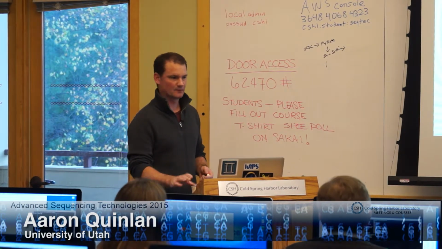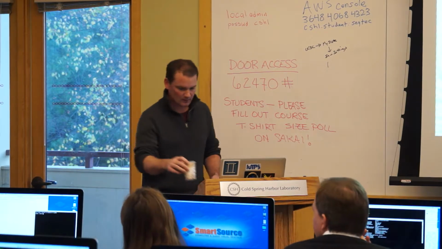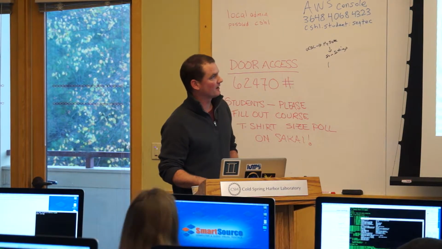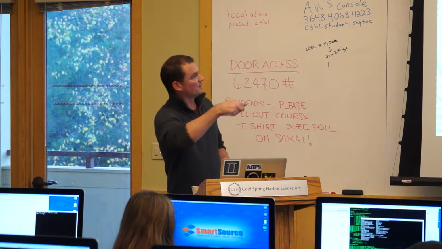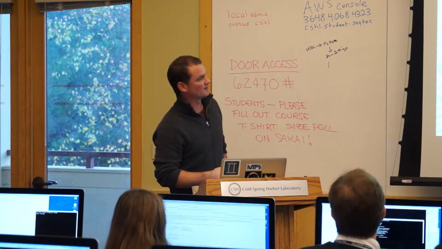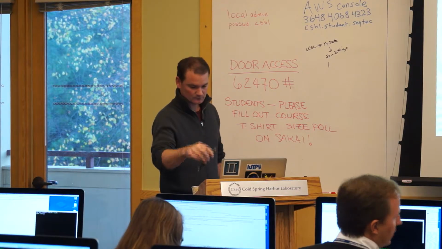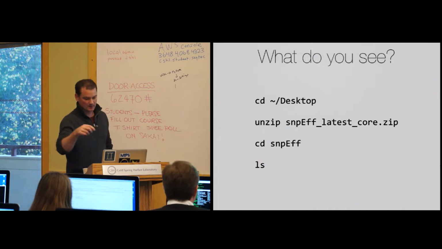Work for you? Good? Okay, once you've moved the SNP-EFF folder to your desktop, you can essentially skip this step because for most of you it's already unzipped. But you basically just want to go into that directory. So go to your desktop and then change directory into that SNP-EFF directory.